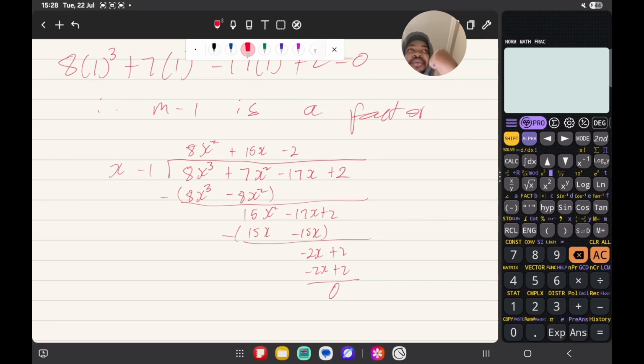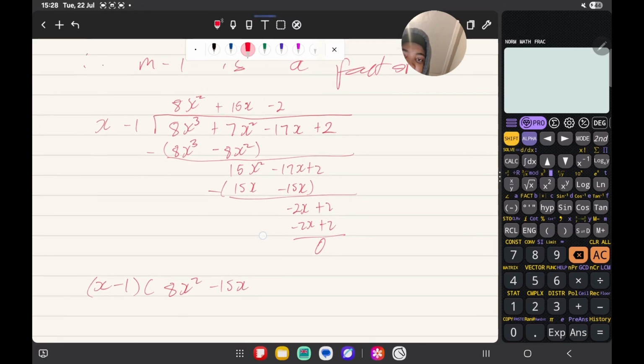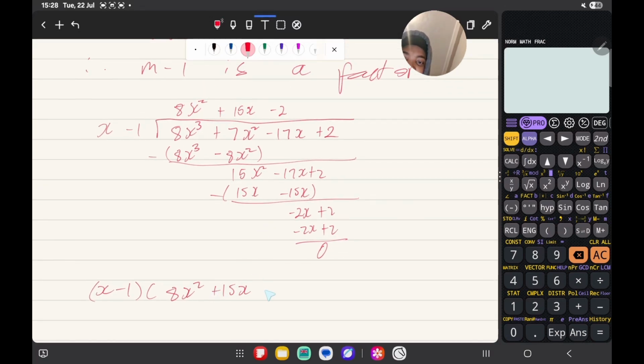And if there's a remainder, it's not a factor, right? So if you find that x minus whatever is a factor, you use it in your long division to find the quotient, and you end up with a remainder, you made a mistake in your workings, because if we use theory, you must not get a remainder at all. 8x squared, 15x, and minus 2.